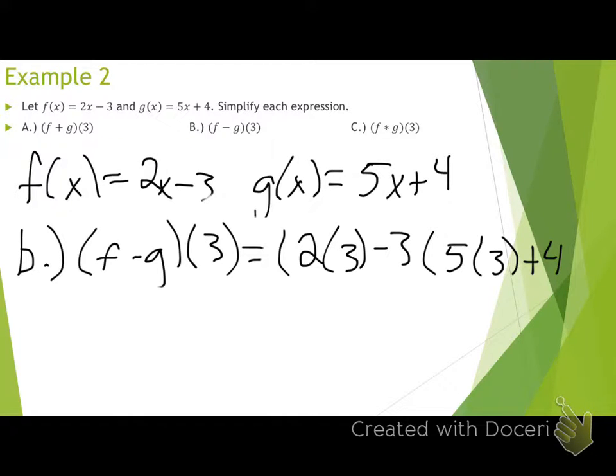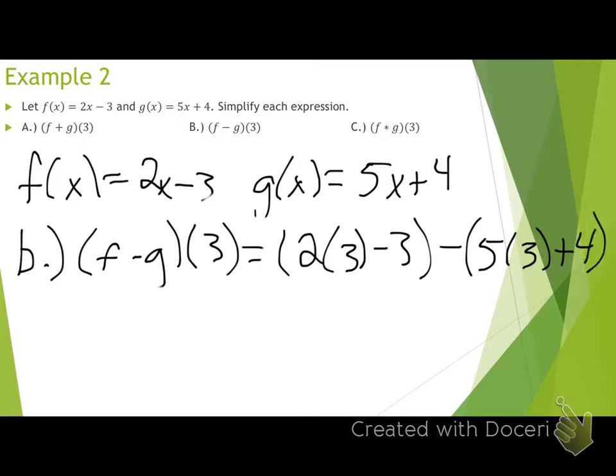You're supposed to tell me everything. So what do I... 3. Close it, and then you subtract. Yep. Parentheses, 5 times 3 plus 4. Close it. All right, very good.